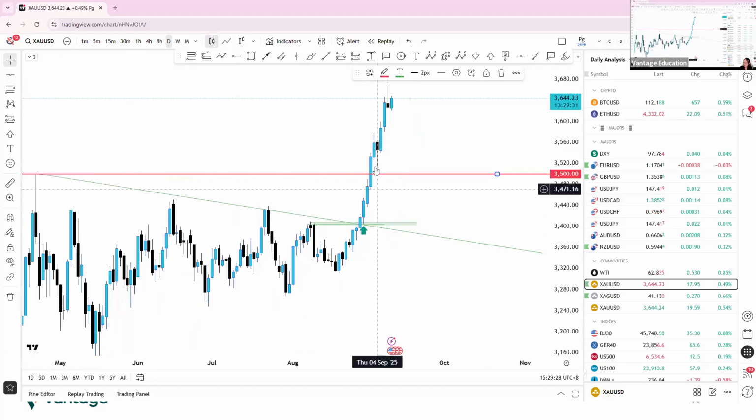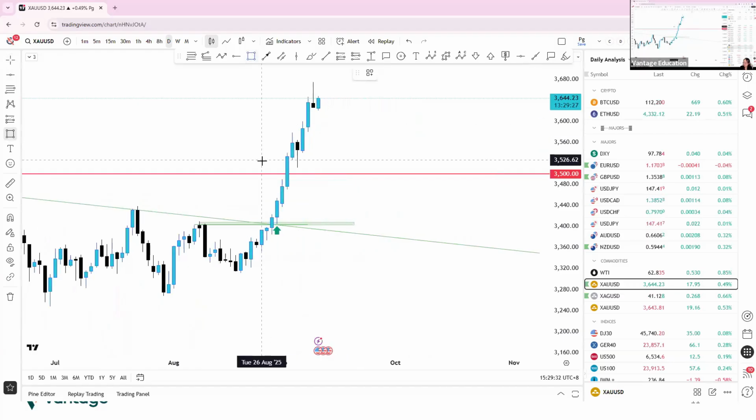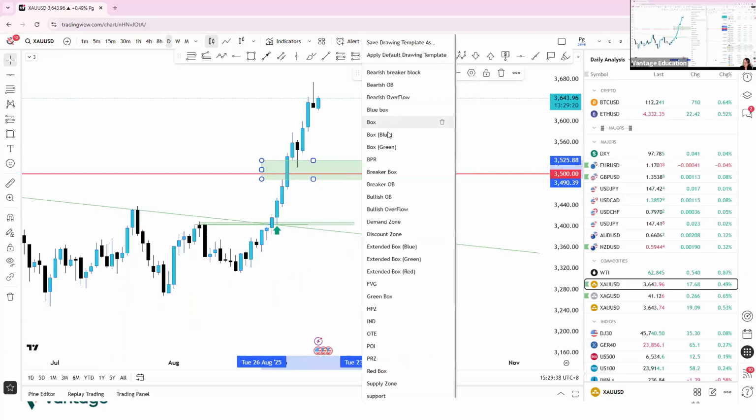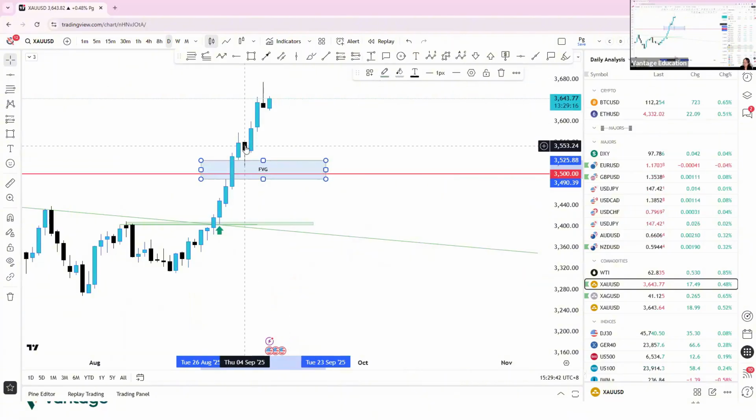You can see the body is closed above. Here, price falling, we're going to say that is your FVG here, fair value gap. Price went into the FVG on September 4 and then continued to rise, continued to go bullish.